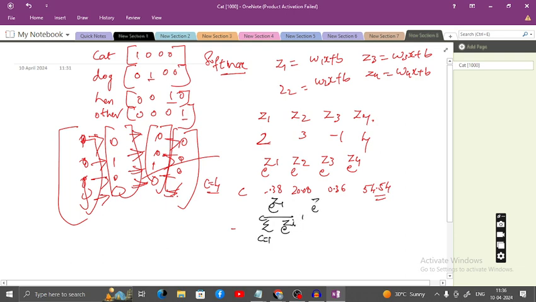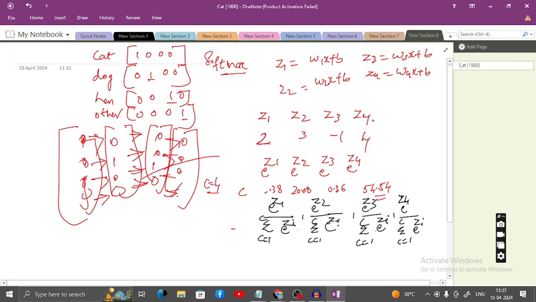Then e to the power of z2 divided by the summation over i equal to 1 to c of e to the power of zi. Then e to the power of z3 by the same summation, and e to the power of z4 by the same summation. So i is equal to 1 here, 2 here, 3, 4, whatever it is.